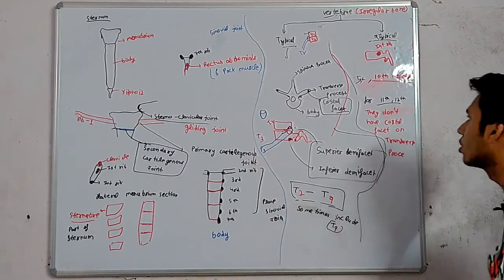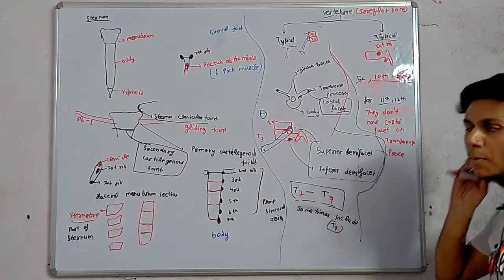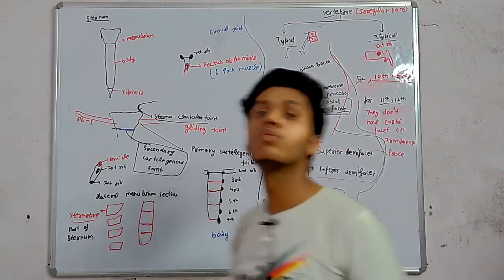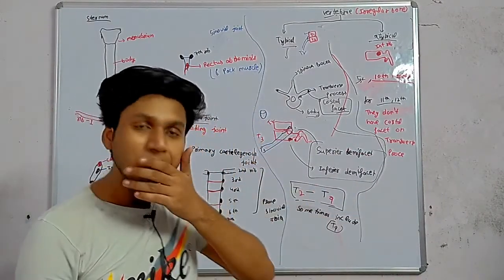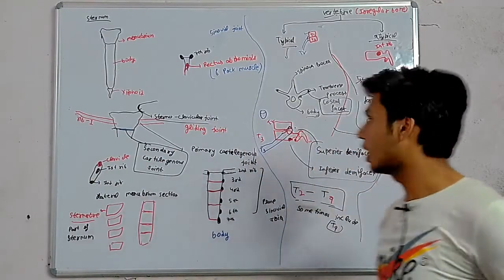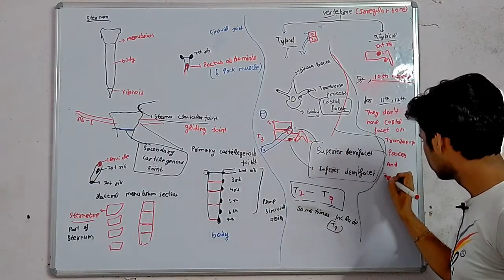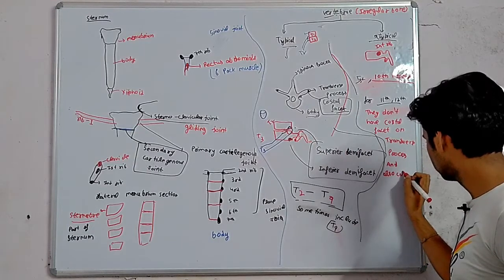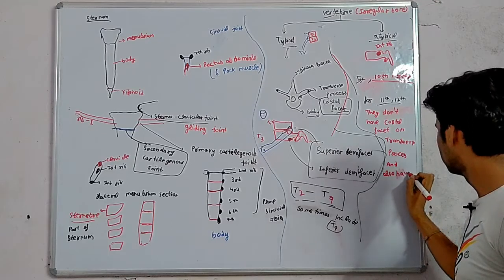The 10th and first don't contain a demifacet but a complete facet, and the 11th and 12th don't have costal facets on the transverse process, and also have a complete facet.